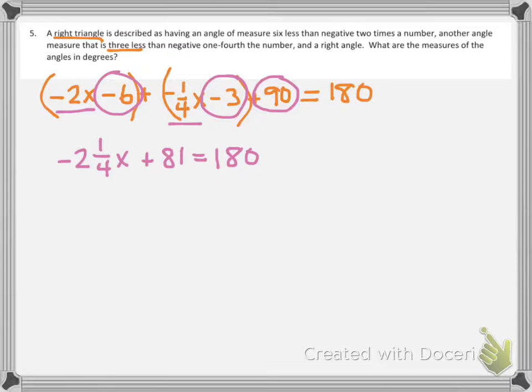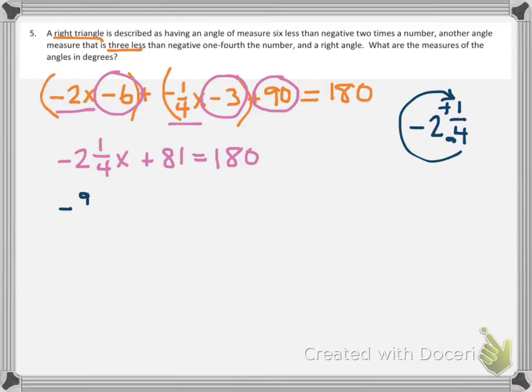Okay, next. I want to change this -2 1/4 to an improper fraction. So I'm going to do that over here to the side. Remember, to do that, you multiply the denominator times the whole number. 4 times 2 is 8, plus 1 is 9, and it's negative.